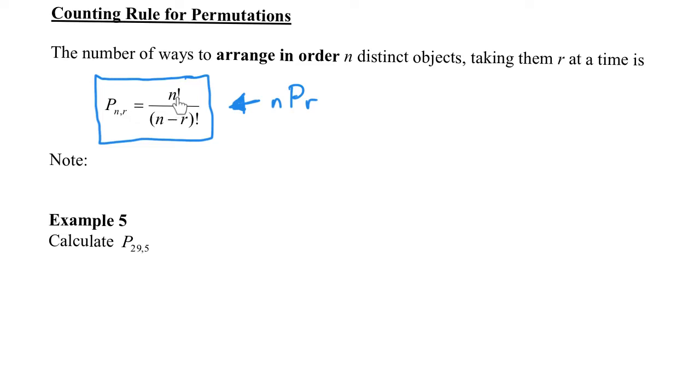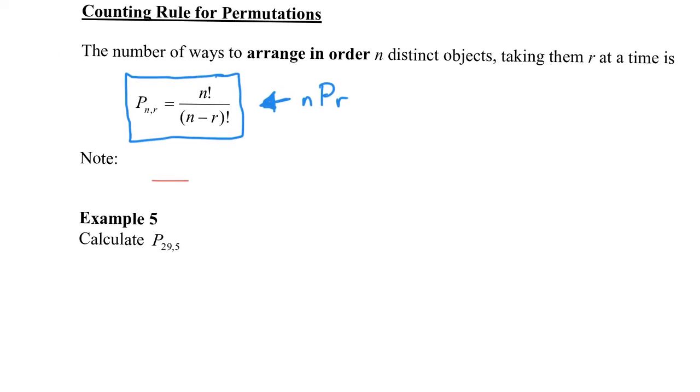So the formula is n factorial divided by n minus r factorial. And the note here, and this is the really important point for these things, is put this in red: order matters with permutations.